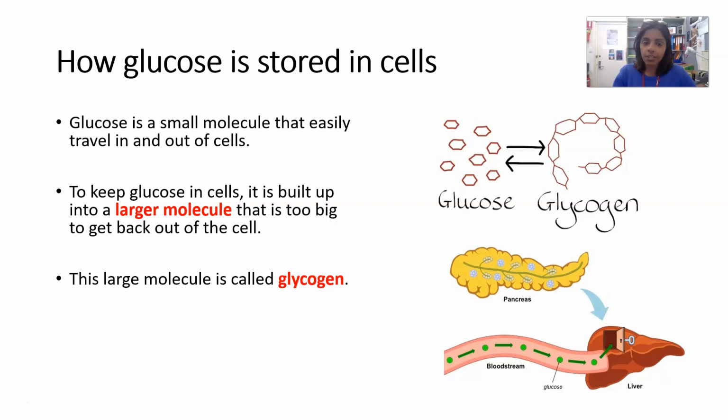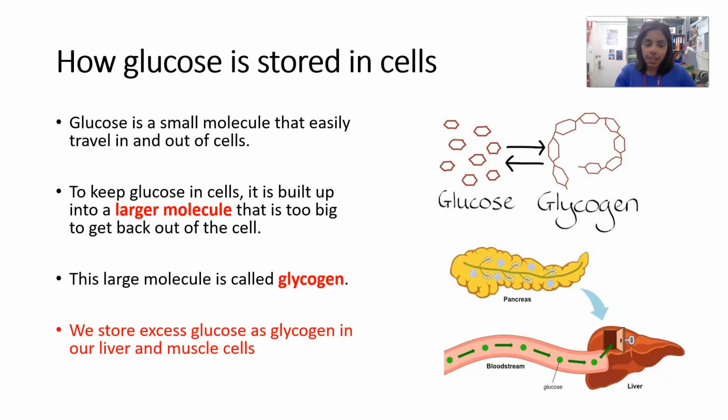Now, glycogen is large, which means that it cannot just simply diffuse back out of the cell. And this is how humans store excess energy in their body. The main place where we store excess glucose as glycogen are the liver, which you can see in this picture, and our skeletal muscle cells.